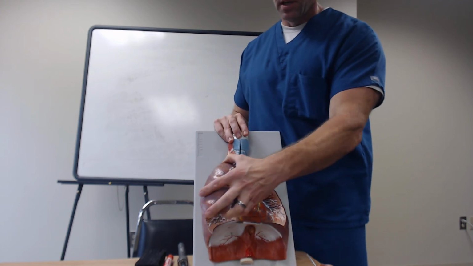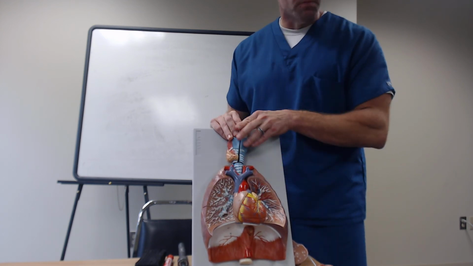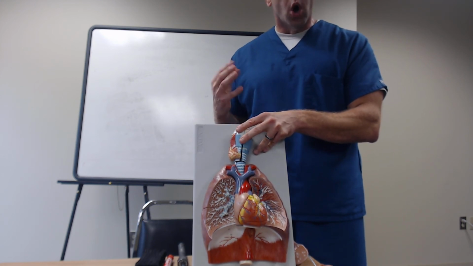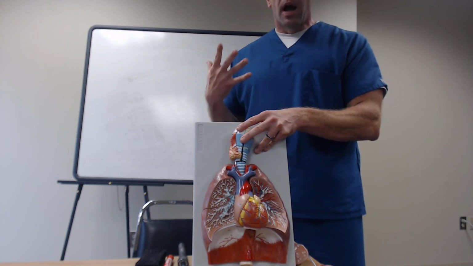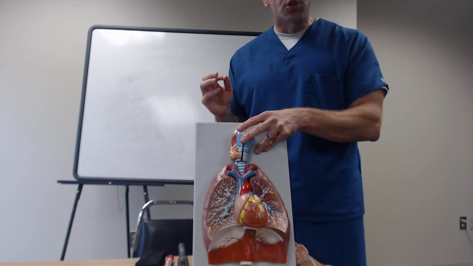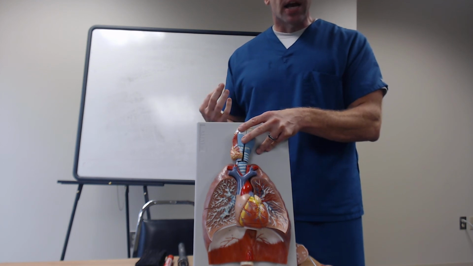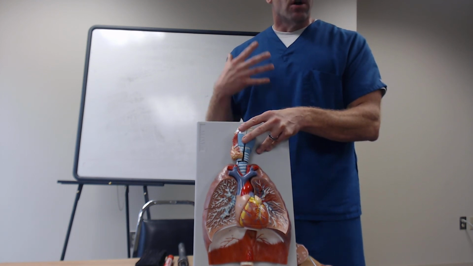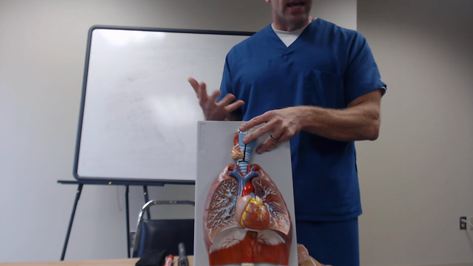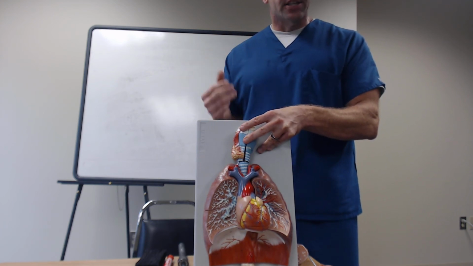And then ultimately, the right and left bronchus will break down into many small structures called the bronchioles. Those bronchioles are going to ultimately form a very tiny set of airway passages that lead to the alveoli, and the alveoli are the tiny microscopic air sacs that are numbering in the millions in each lung that allow oxygen and carbon dioxide to be exchanged through a process, as we said, called gas exchange.